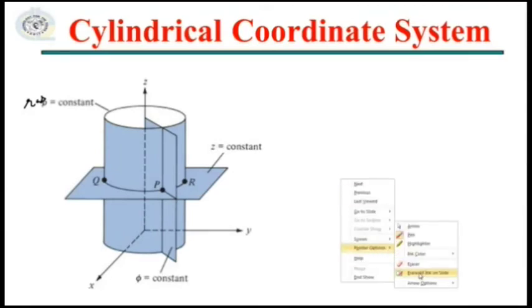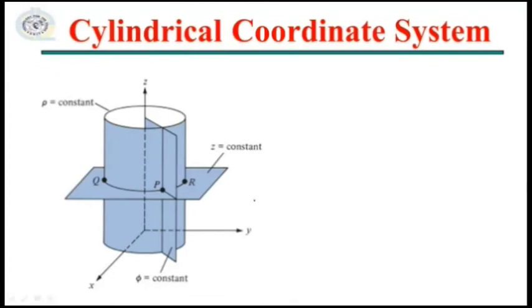Now, that's one constant plane. The second constant plane is your phi constant plane, which you can see here, the one that is protruding out. And the third one is the z constant plane. An intersection of all these planes will give you the point P.